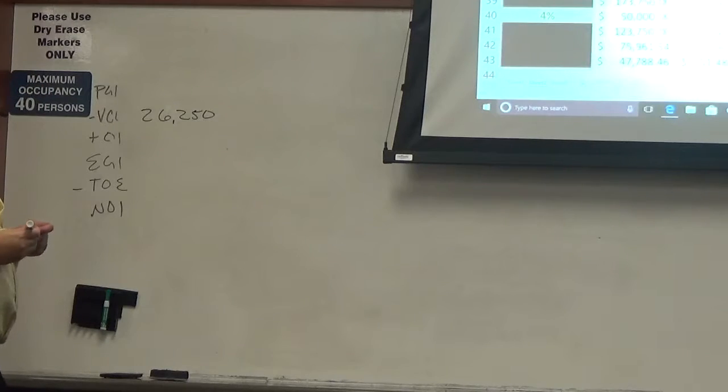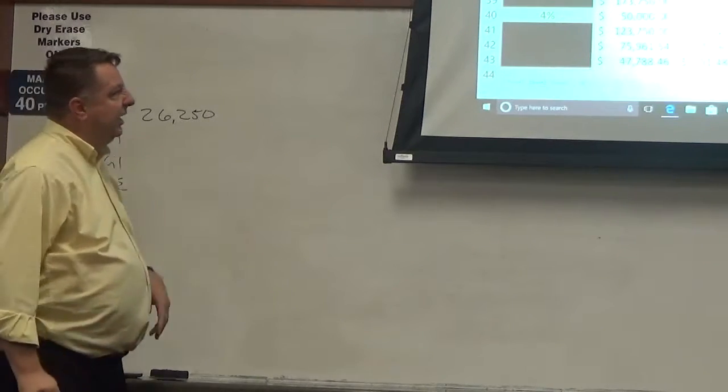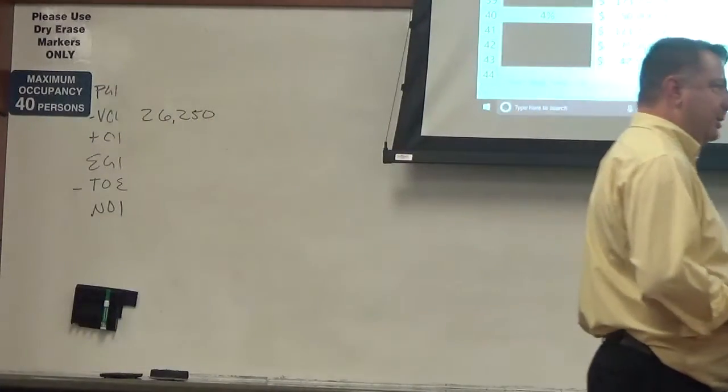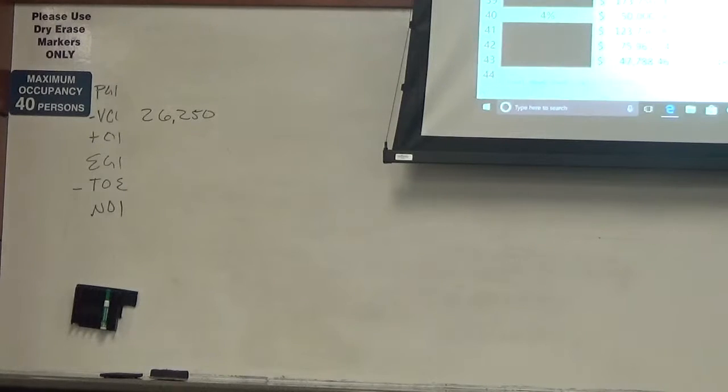Okay, so in this case, what we're doing is we're applying a growth rate to our vacancy rate, which we can make some arguments against, and for, but I'm doing that to basically say the property has some issues with vacancies that are getting more and more vacancies each and every year, percentage-wise of income.